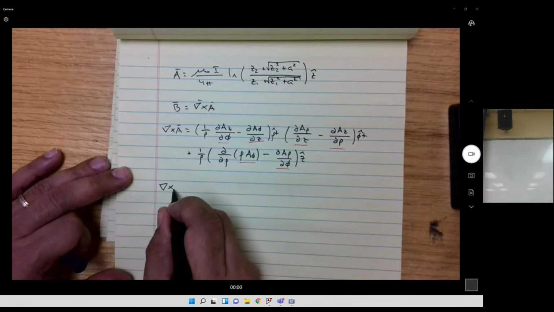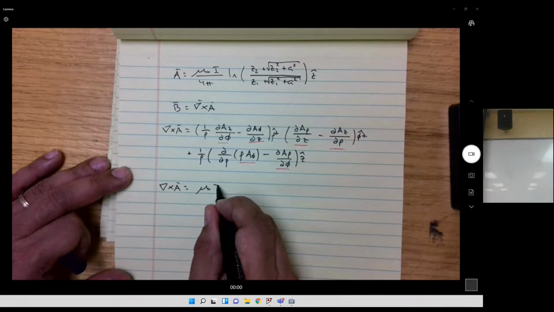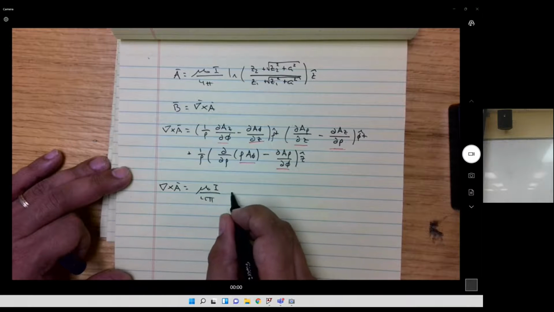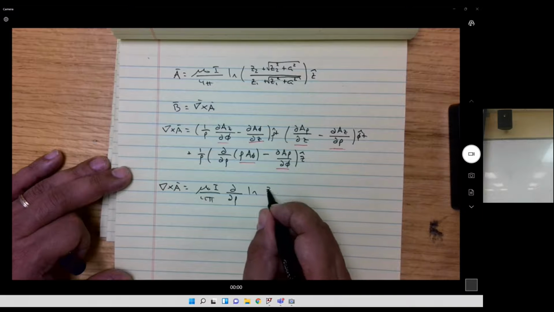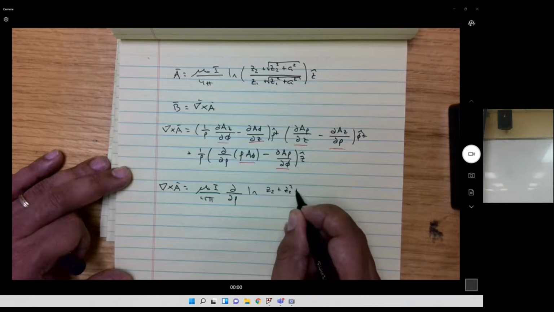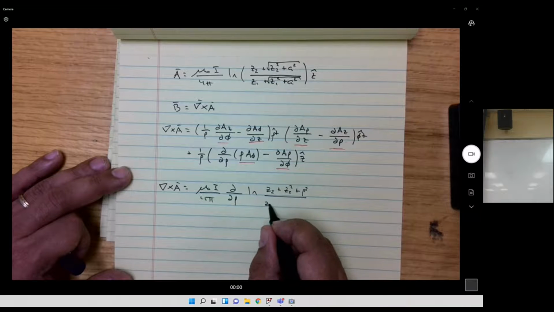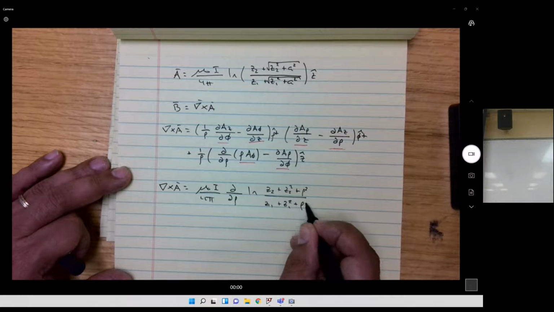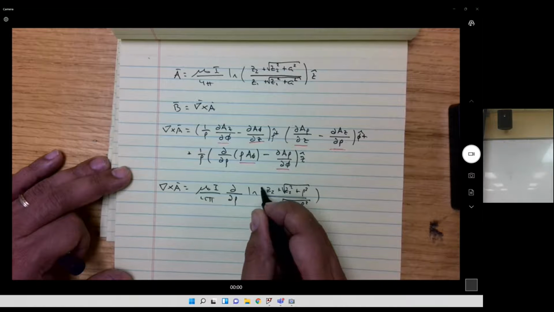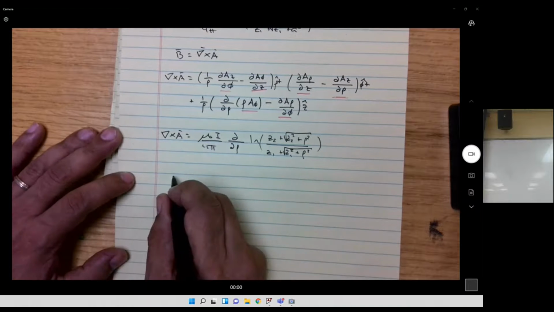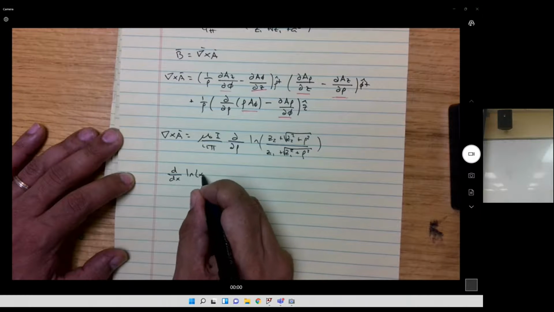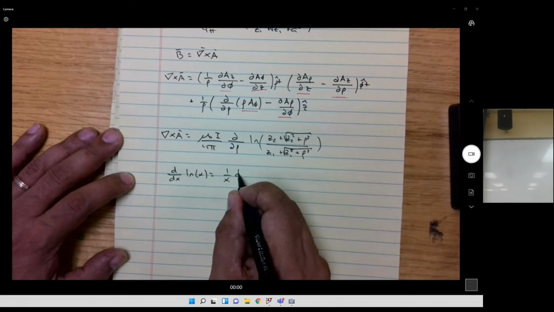I'm going to have mu naught I over 4 pi, and then the partial derivative with respect to rho of the natural logarithm, and the derivative of the natural logarithm of x is 1 over x, times the derivative of x.